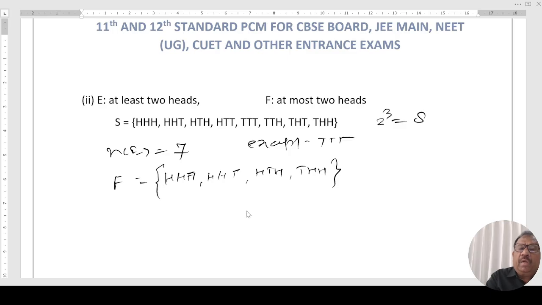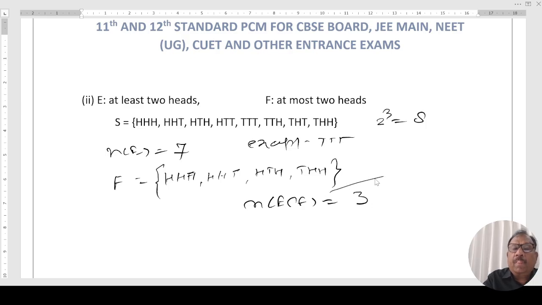Then we have to find N(E ∩ F). E intersection F में क्या आएगा? इसमें except T that is the E. HHH, HHT, HTH, THH at least 2 heads. इसमें ये रह जाएगा that comes out to be 3.